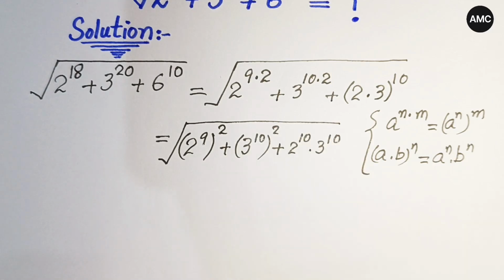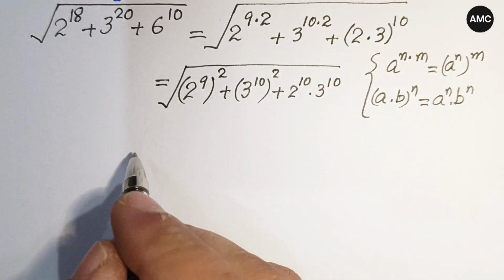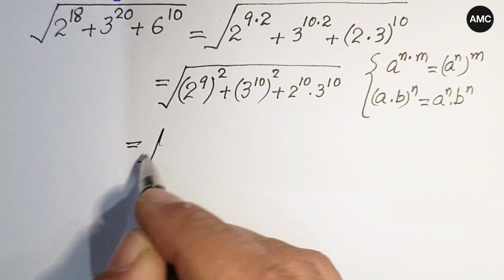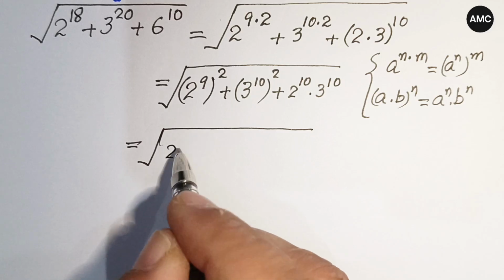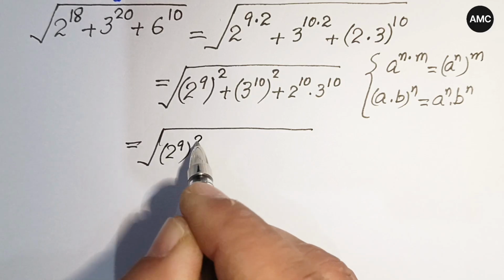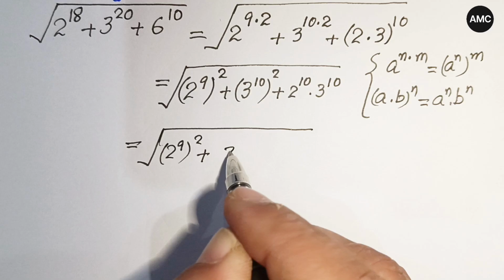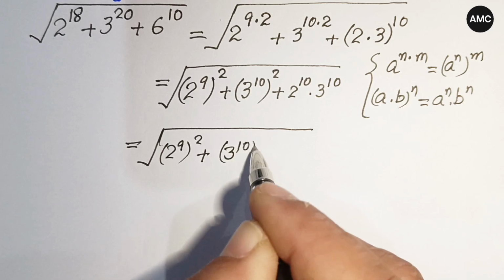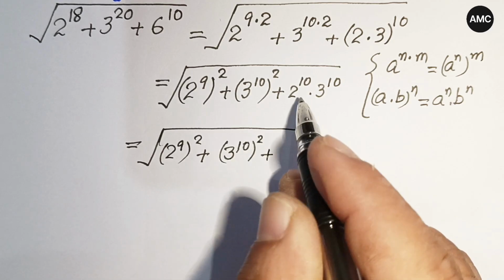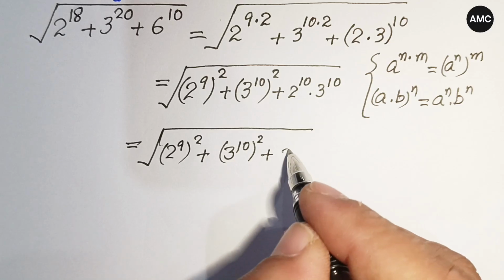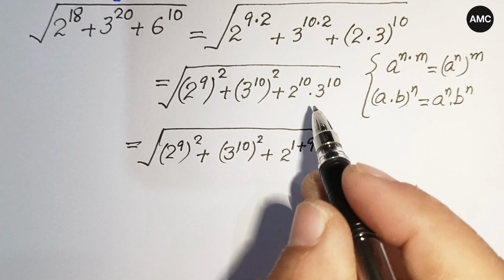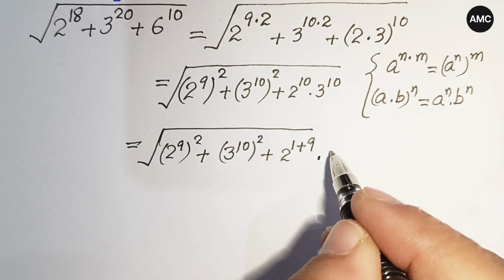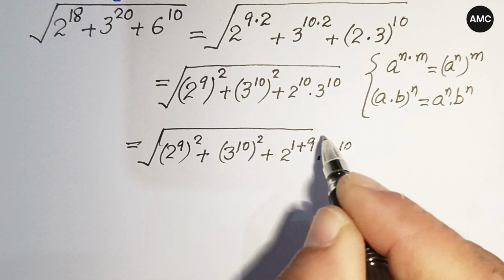Now, square root of 2 to the power 9 whole squared plus 3 to the power 10 whole squared plus 2 to the power 10, which can also be written as 2 to the power 1 plus 9, which is equal to 10, and here we have times 3 to the power 10.